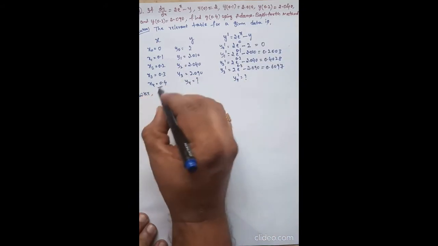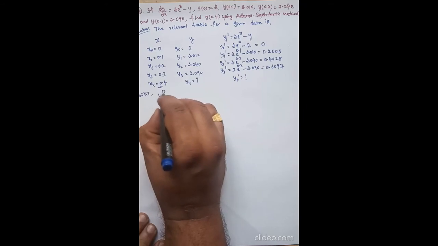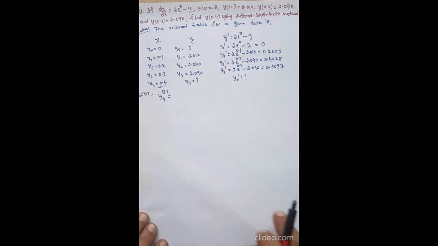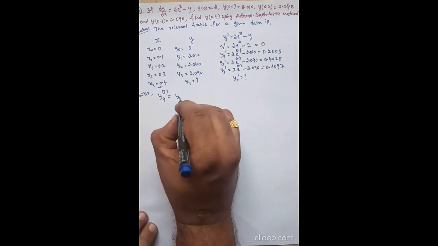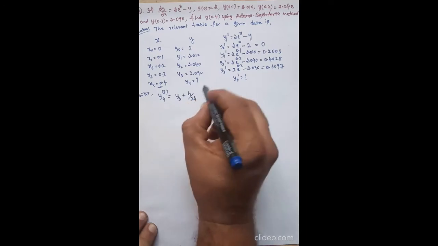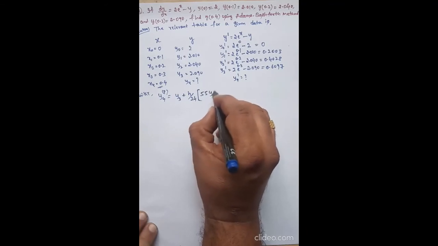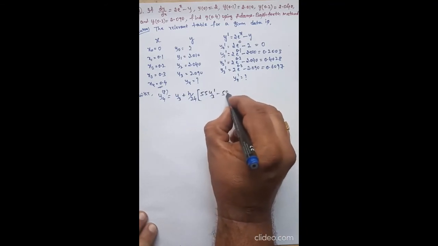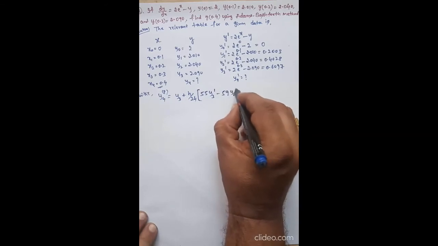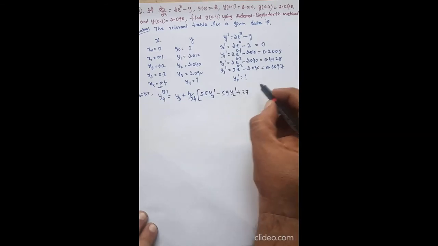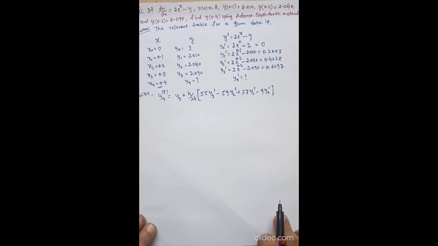We know that y4 power p, that means Adams-Bashforth predictor formula is given by, it is y3 plus h by 24 into 55 y3 dash minus 59 y2 dash plus 37 y1 dash minus 9 y0 dash. So this is our Adams-Bashforth predictor formula.